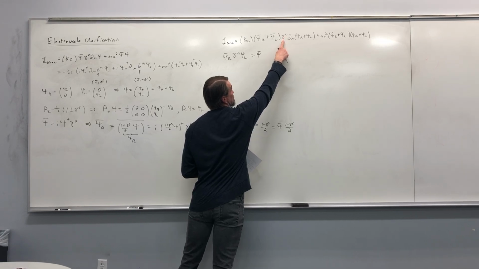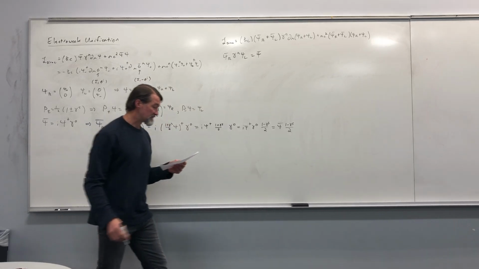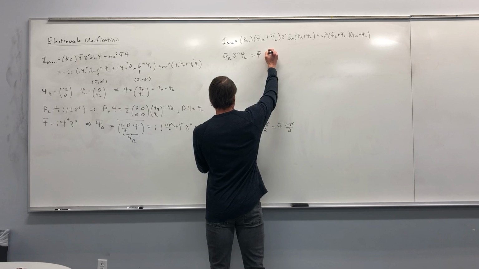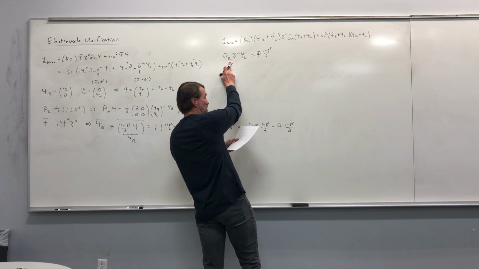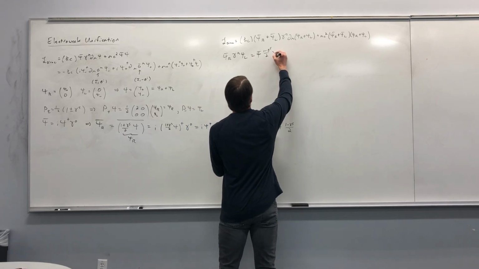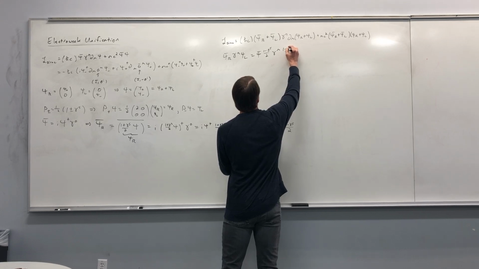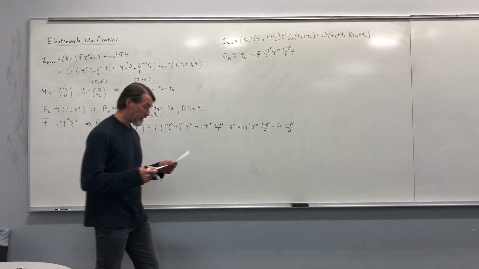This is obviously a matrix in spin space, and these are spinors in spin space. So I want to look at the spin space behavior. So this is going to be psi bar (1 minus gamma 5)/2. That's just the right-handed version of psi bar. Times gamma mu (1 minus gamma 5)/2 psi. That's the left-handed component of psi.